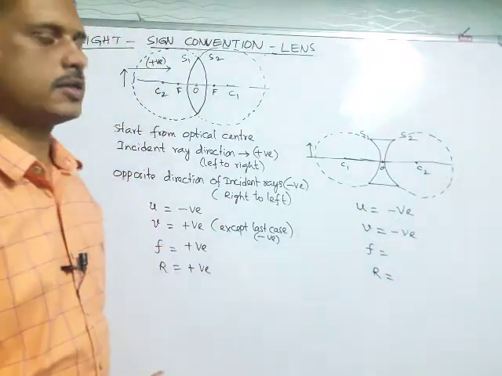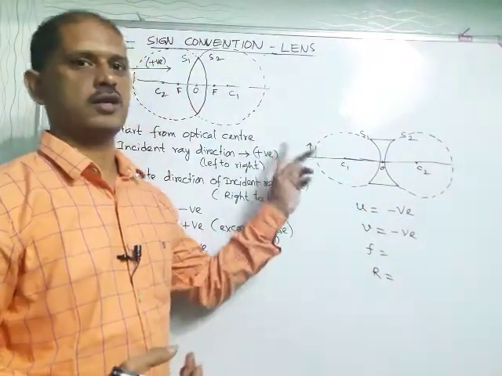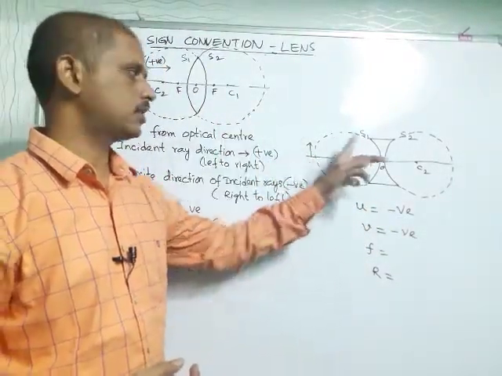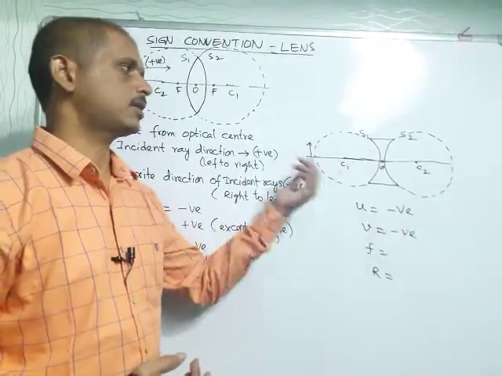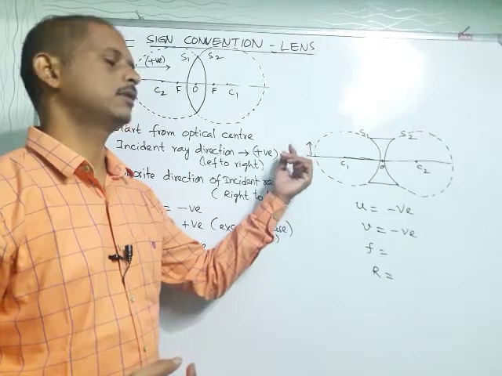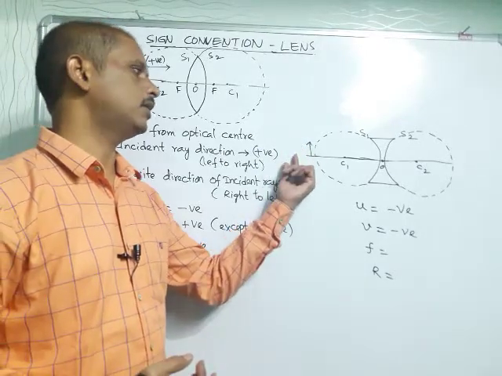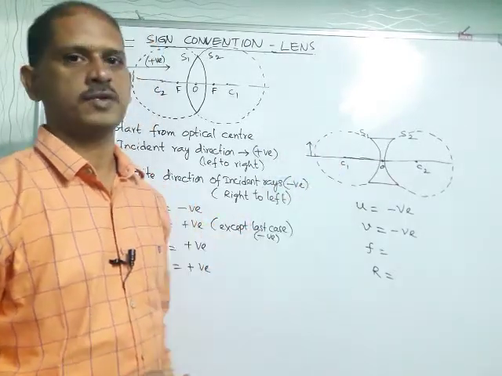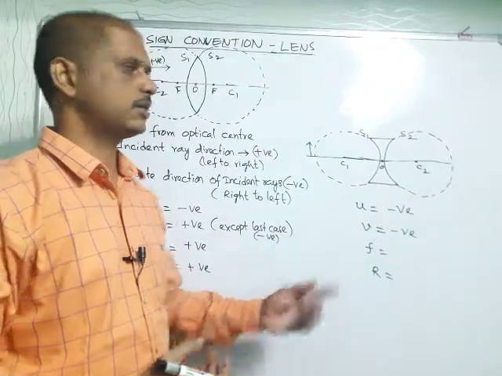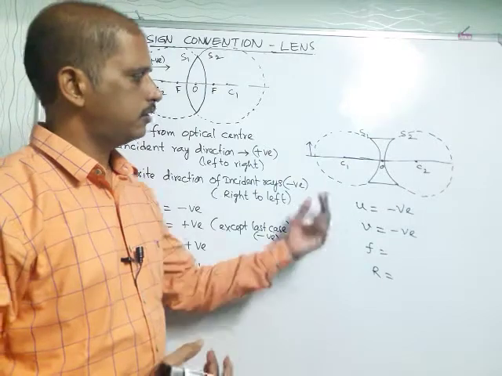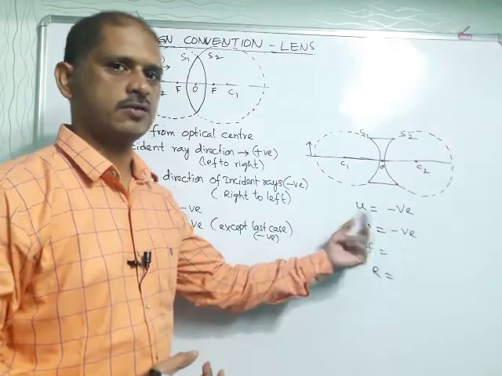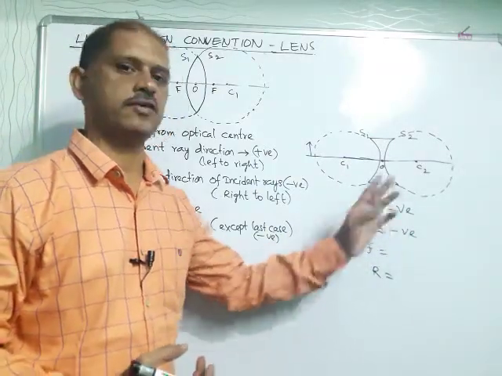Here we observe only two cases: the object kept at infinite distance in front of a concave lens, and the object kept anywhere between infinity and the lens. For both cases the image is formed on the left side only. For all cases V is negative here.